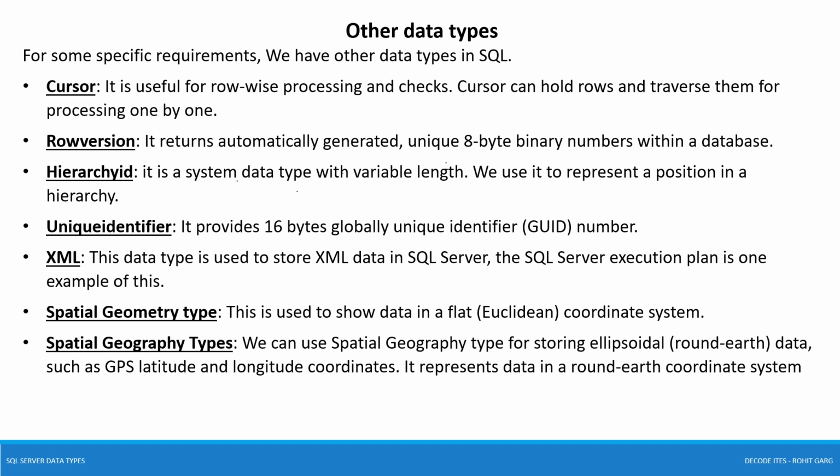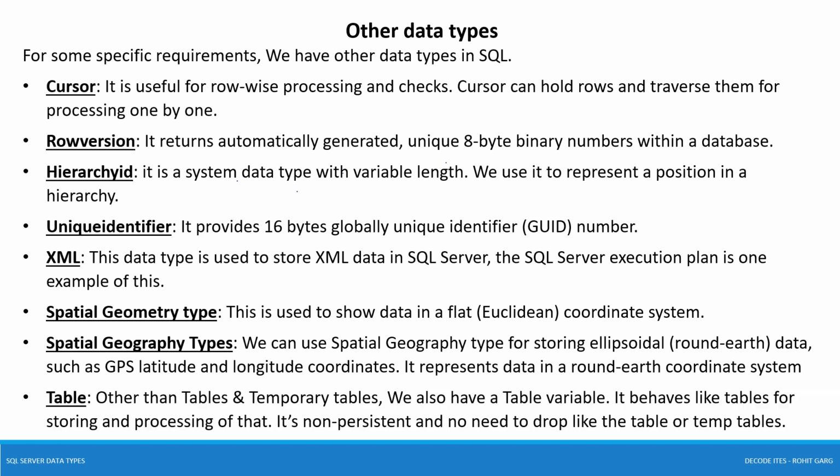Spatial geography types can be used for storing data such as GPS latitudes and longitudes. It represents the data in a round earth coordinate system. This data is usually used to locate positions by latitude and longitude, and this is very useful when you are working on such systems and using SQL Server in the background.